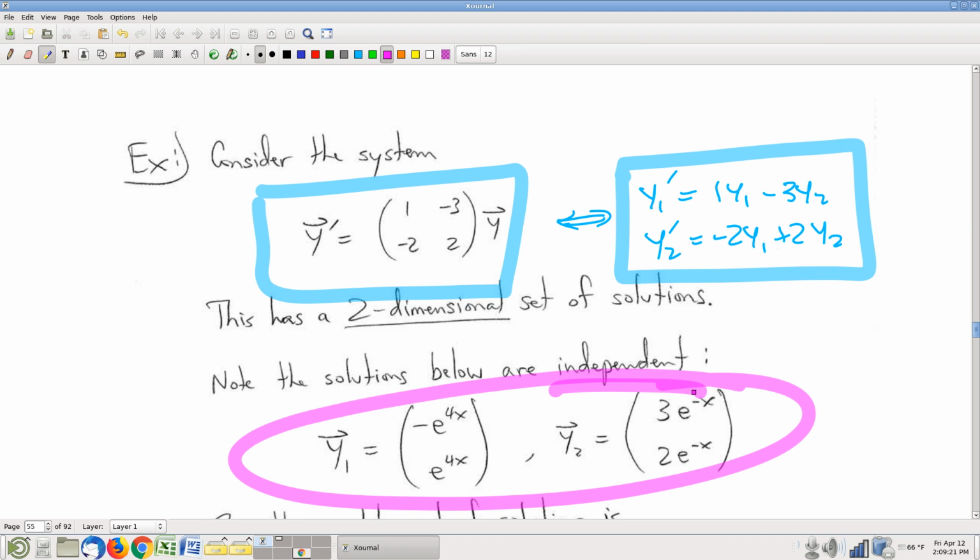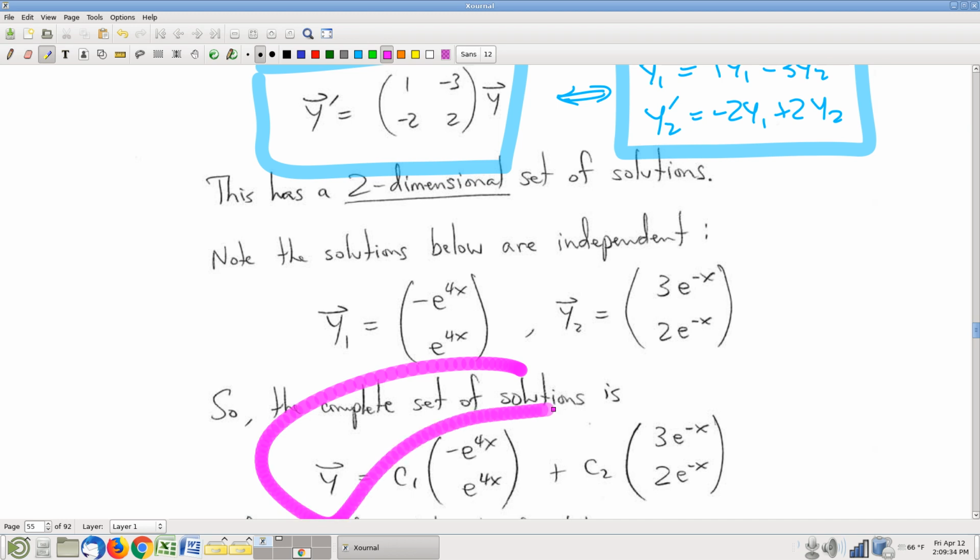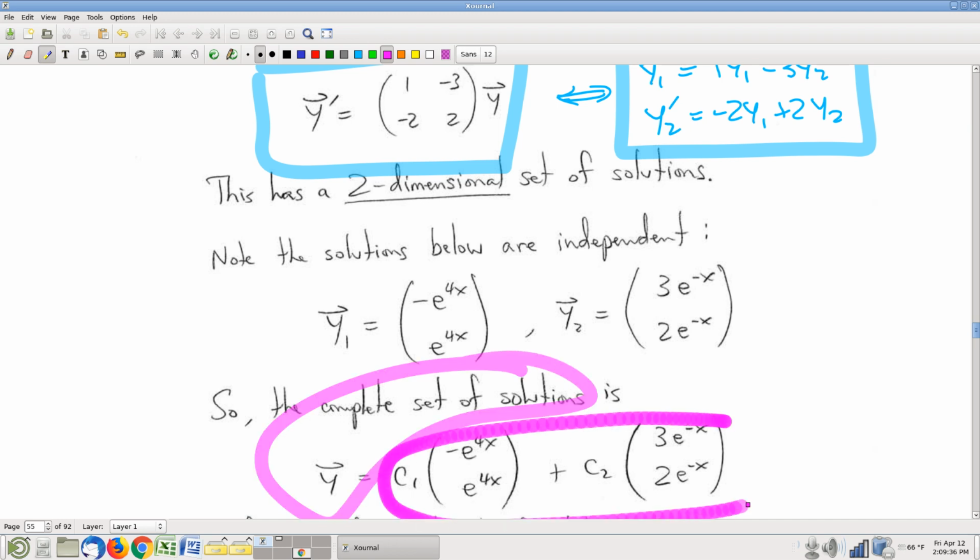Therefore, they are independent. I have an independent pair of vectors in a two-dimensional vector space, and the dimension theorem tells me that therefore they are a basis. And therefore, the complete set of solutions is simply the span of those two rabbits I pulled out of a hat.